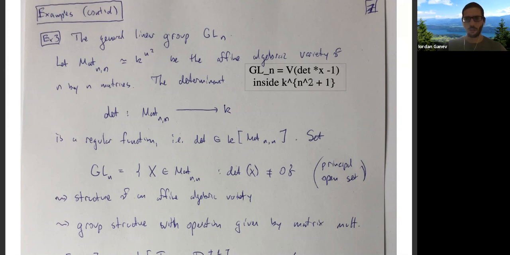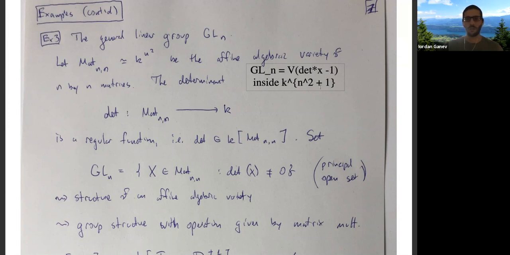And that variable I'm calling x. And so we have determinant times x, that will be a function on this whole affine space. And we take minus 1. GLN can be identified with this vanishing locus.